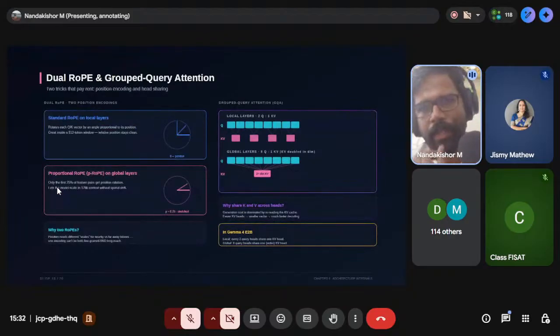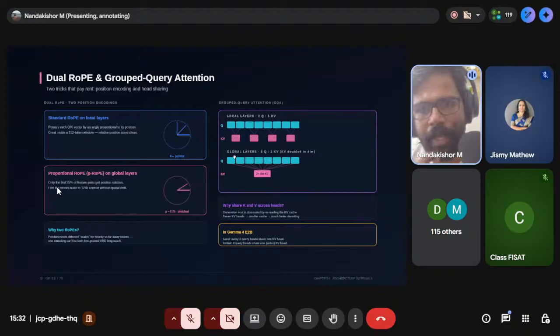Now let's go back to group query attention. For local layers, you have 2 query and 1 KV, that is key value, then 2 query, 1 KV, 2 query, 1 KV.